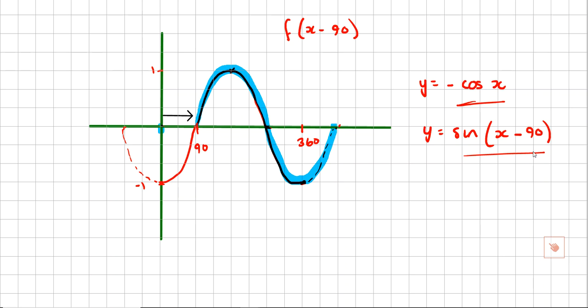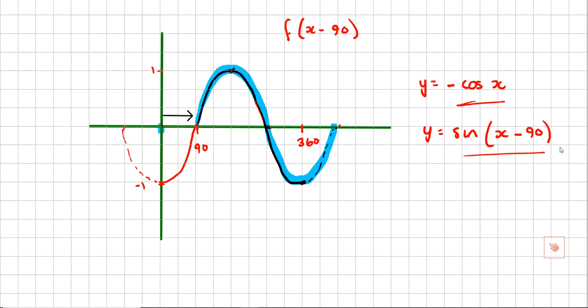Right? So is it a sine or is it a cosine? It doesn't actually matter as long as you get the rest of it right. Which one's easier, writing negative cos of x or sine of x minus 90? Well, it's up to you, whichever one you spot.